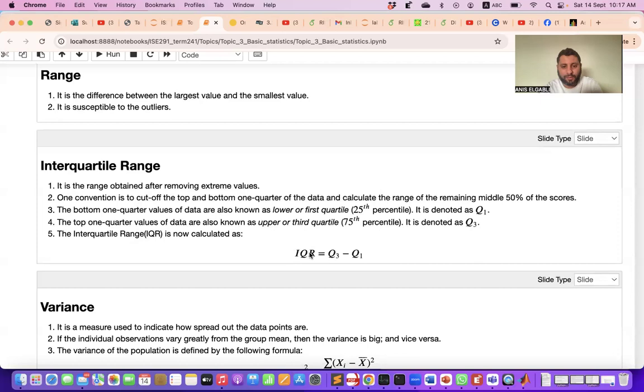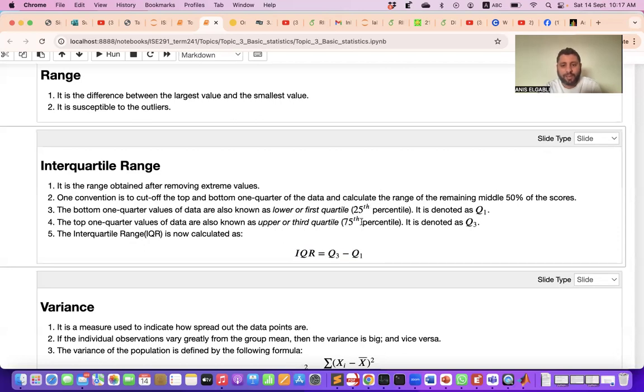So here, the interquartile range is equal to the third quartile minus the first quartile. What's the third quartile? The third quartile is the 75th percentile, okay? And the first quartile is the 25th percentile. So what do you mean by 75th percentile and 25th percentile?